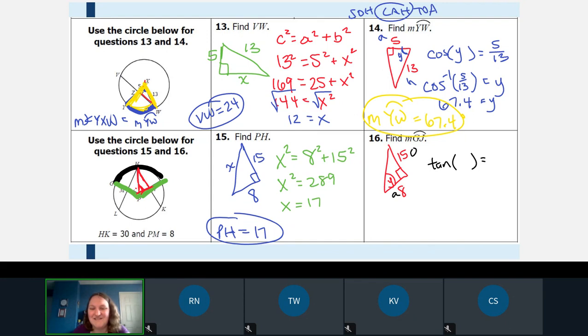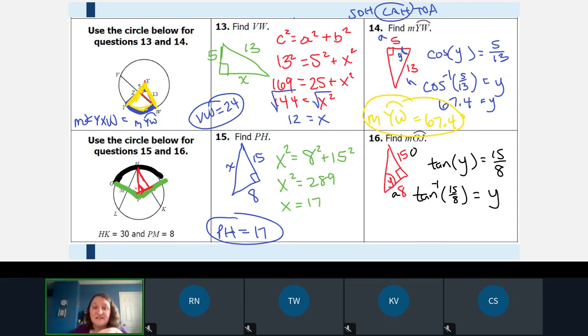So the tangent of the angle is the opposite over the adjacent. Free the angle. Get that y out of there. Okay, flip-flop it. 15 over 8 can go in the parentheses. Y can come out here and be free as long as we use the inverse. Rachel, you're way ahead of me.